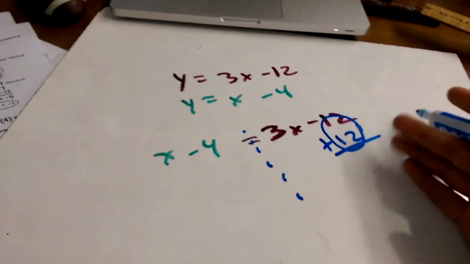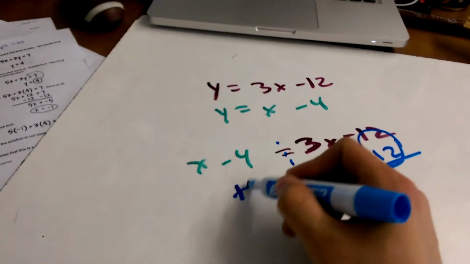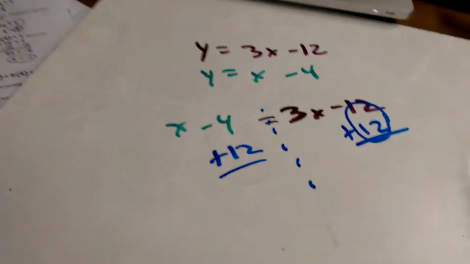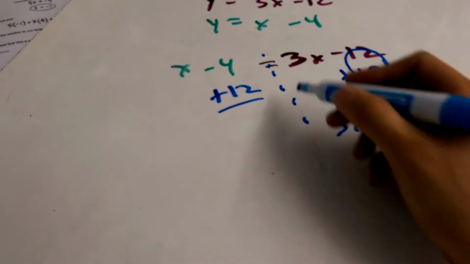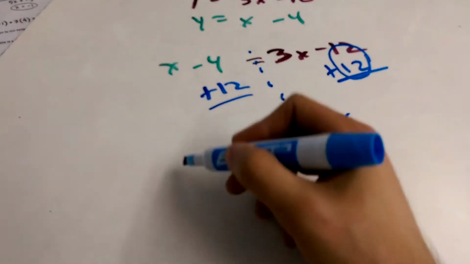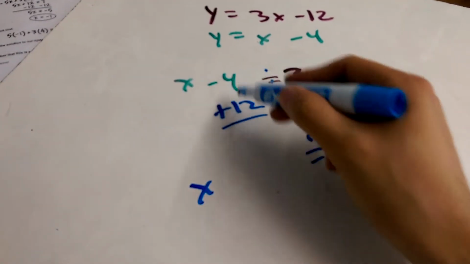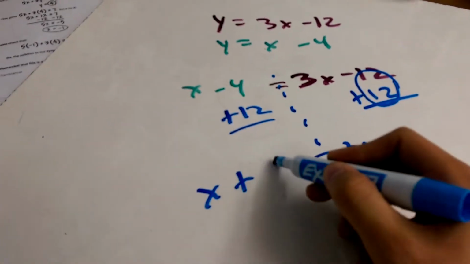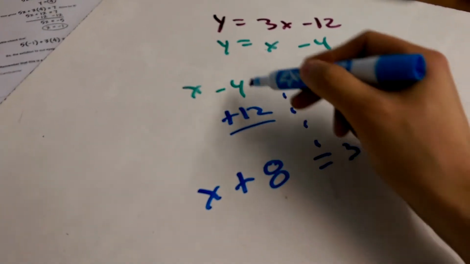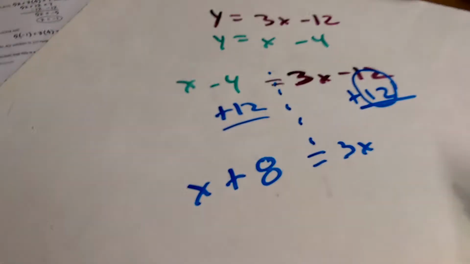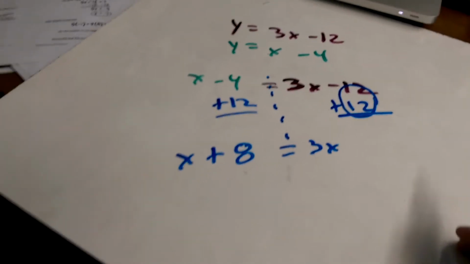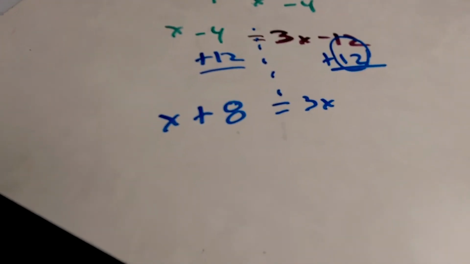And on the other side of the equal signs, I have to add 12 also. Okay, now if I keep going from here, this 3x comes down, the equals comes down, the x comes down, and negative 4 plus 12 is going to be positive 8. Okay, in other words, 12 take away 4 gives me 8. So we keep going. X plus 8 equals 3x.